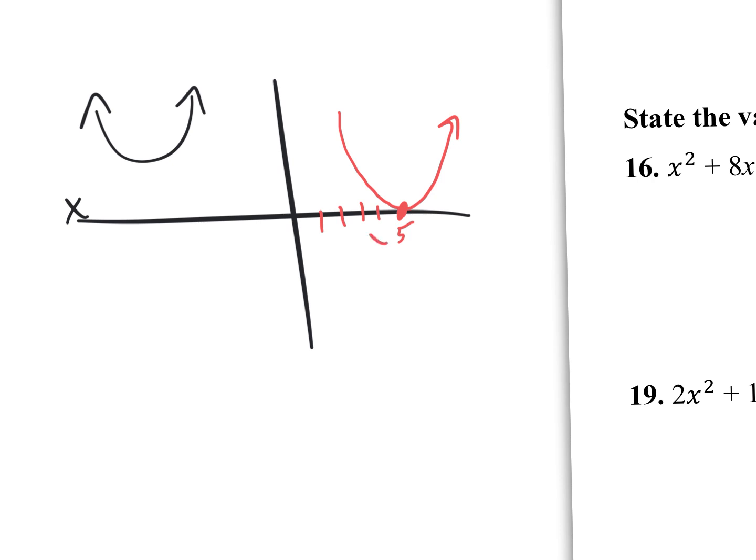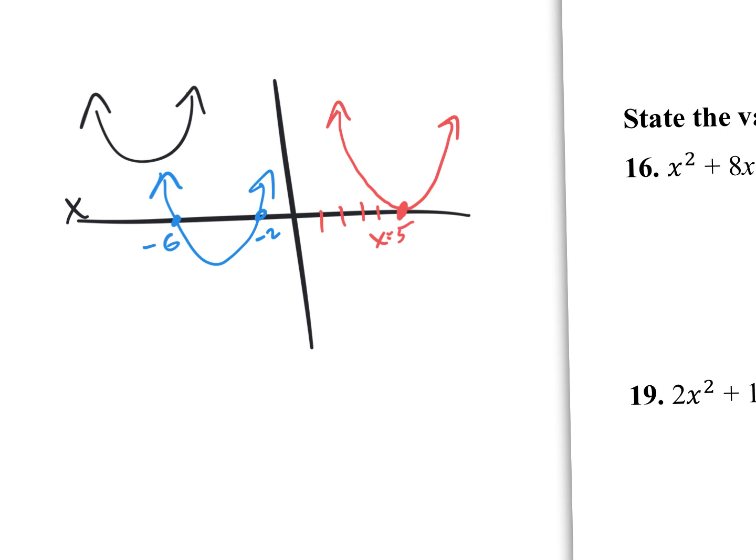Then your answer would be x equals 5 because the x-intercepts are the solutions. Or maybe your parabola crosses through at two locations, and that would be two answers, maybe like x equals -2 and -6.